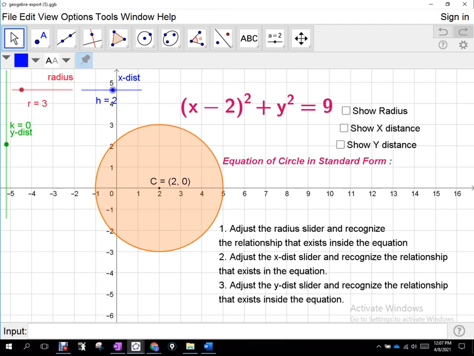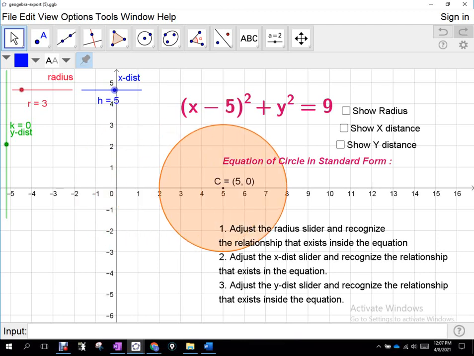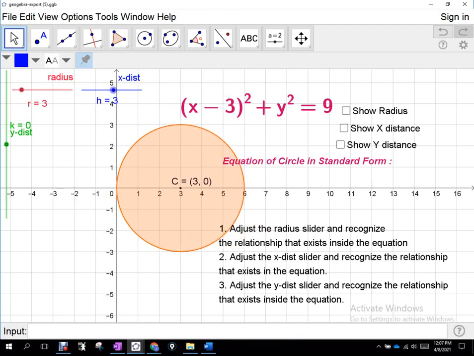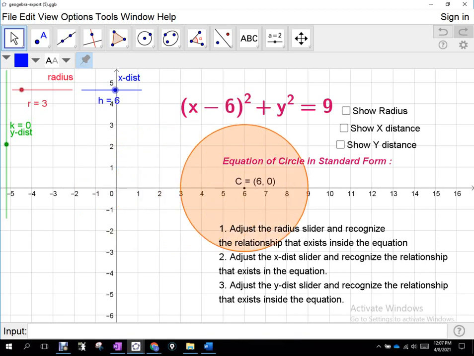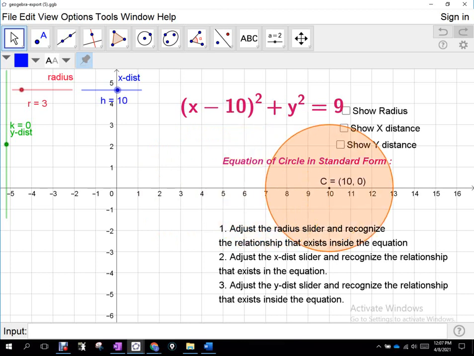I don't want to get into the algebra right now, but if I move it to the right, it's going to be minus that distance. Is that okay with everybody? So if I want my x distance to be 3 or 4, it would be x minus 3, x minus 4, x minus 5. You see how moving it to the right, however far I want, gets mimicked in the equation. Is that okay with everybody?